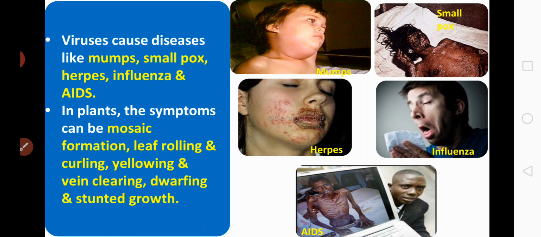And in plants also, they produce certain diseases like mosaic formation, leaf rolling and curling, yellowing and vein clearing, dwarfing and stunted plant growth.